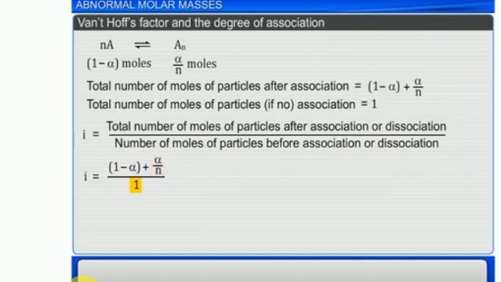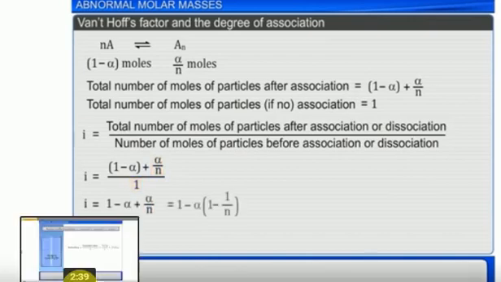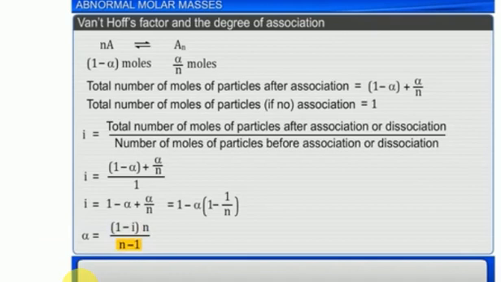On simplifying for alpha, we get alpha is equal to (1 minus i) multiplied by n, divided by (n minus 1). Thus, if the value of n and van't Hoff factor i is known, then the degree of association alpha can be calculated.